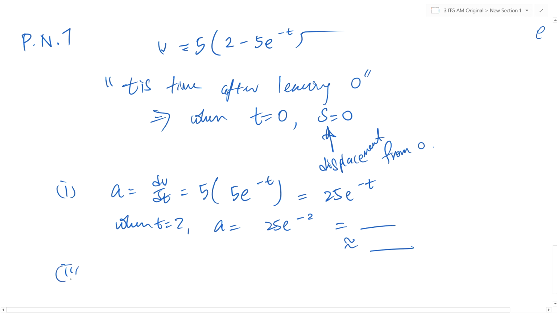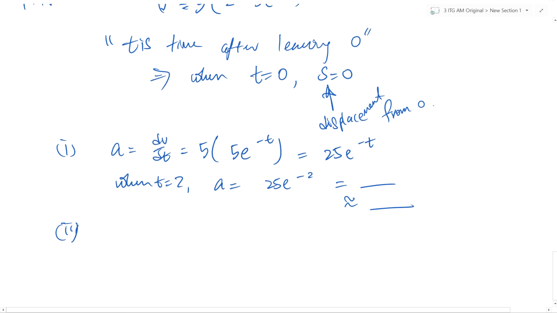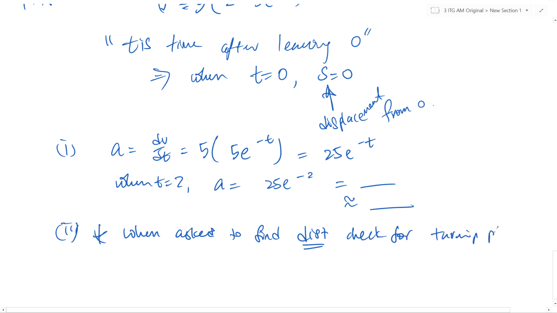Total distance in the first 3 seconds. Please don't just think that total distance is just displacement when t equals 3. We need to find out if there are any turning points. Okay, so when asked to find distance, check for turning points.